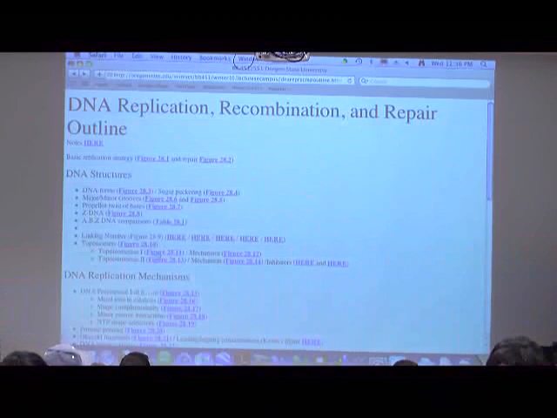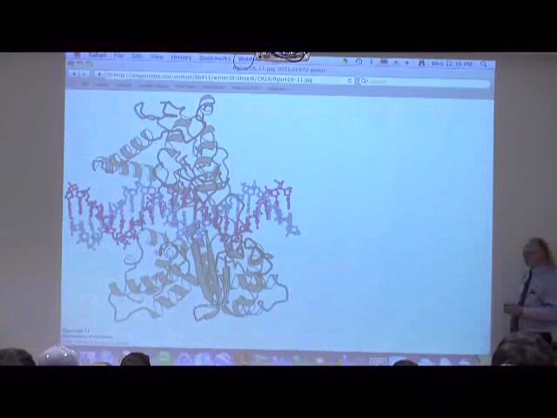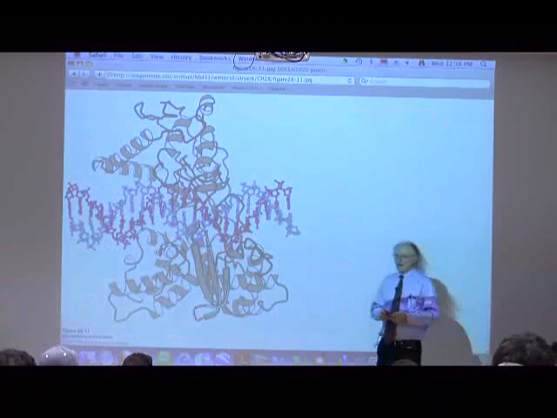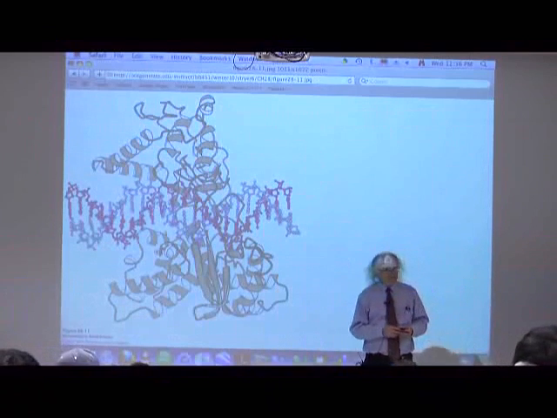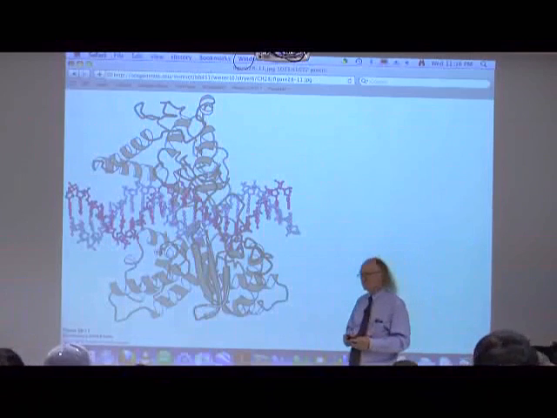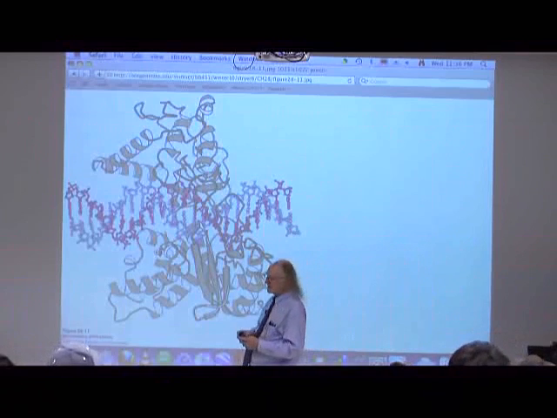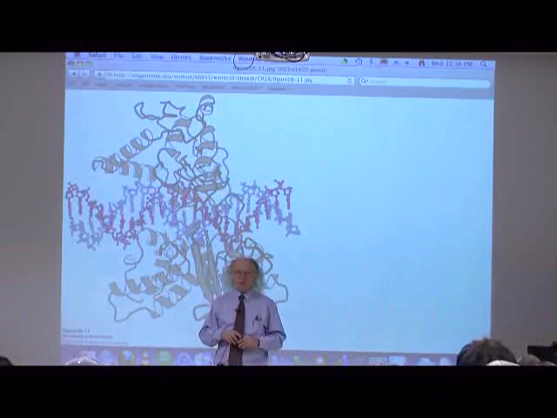Now, it turns out that cells have enzymes that can make different topoisomers, enzymes that can actually change the linking number of a DNA molecule.